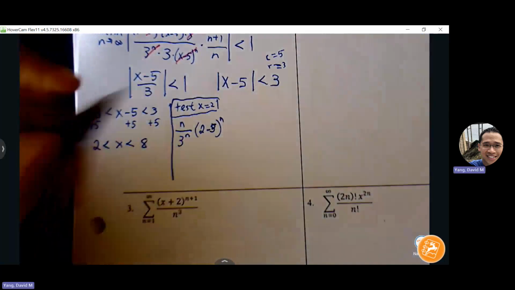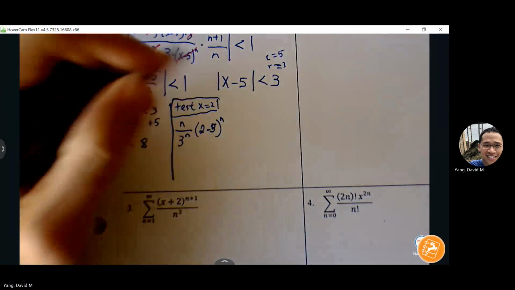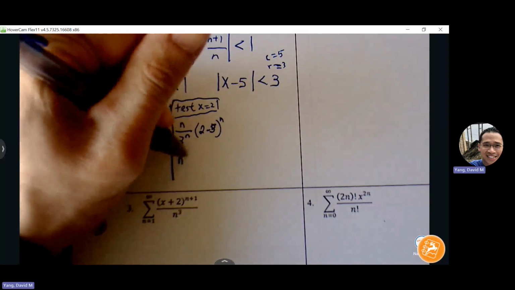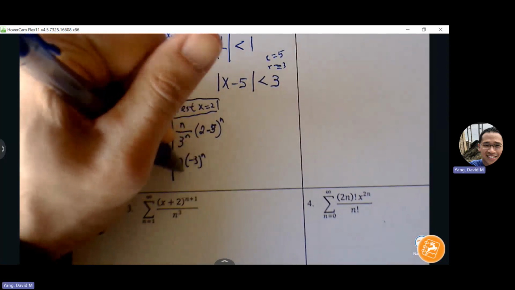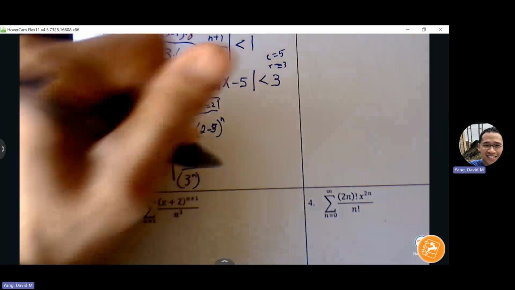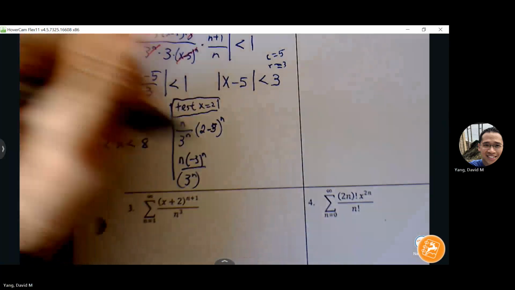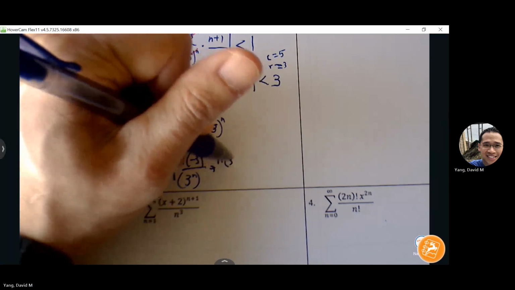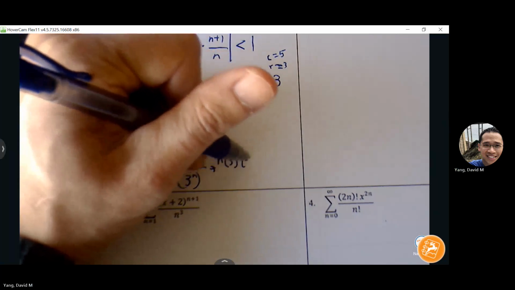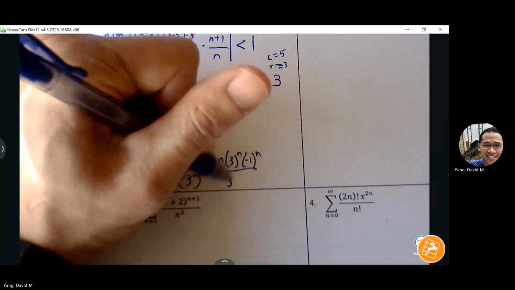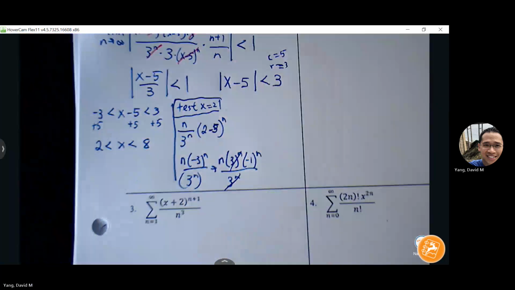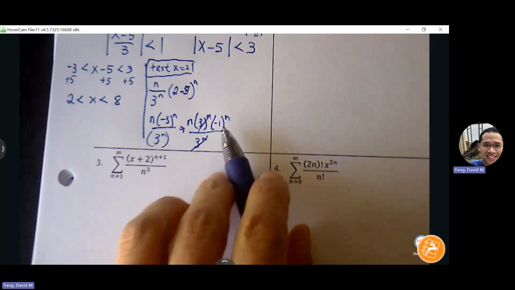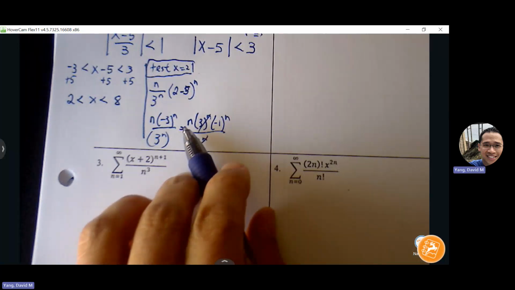2 minus 5 to the n, that's -3. So I have n times -3 to the n over 3 to the n. If I pull that -1 out, I'm still left with n times 3 to the n over 3 to the n. So it's an alternating series, but n is up top.